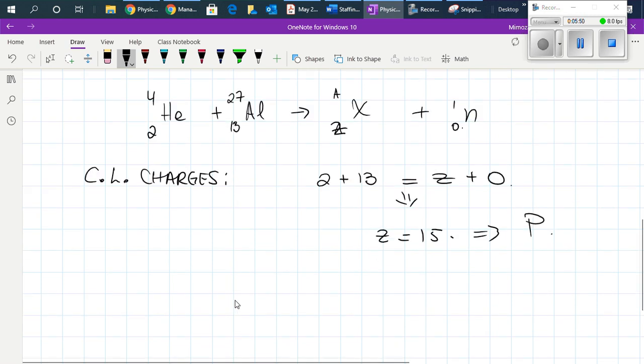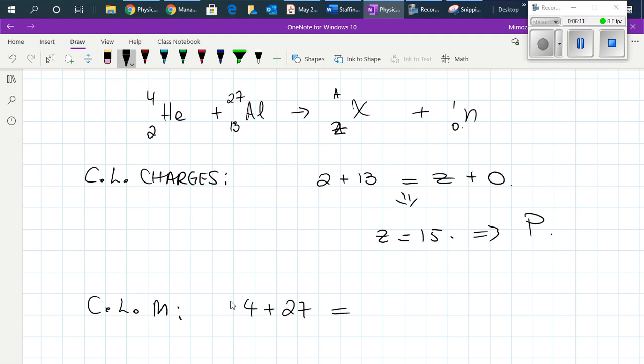Okay, now let's find what form of isotope of phosphorus it is. For that, we will apply the conservation law of masses. It says the atomic mass of the parent is equal to the sum of the atomic masses of the daughters. So 4 plus 27 is equal to A plus 1.